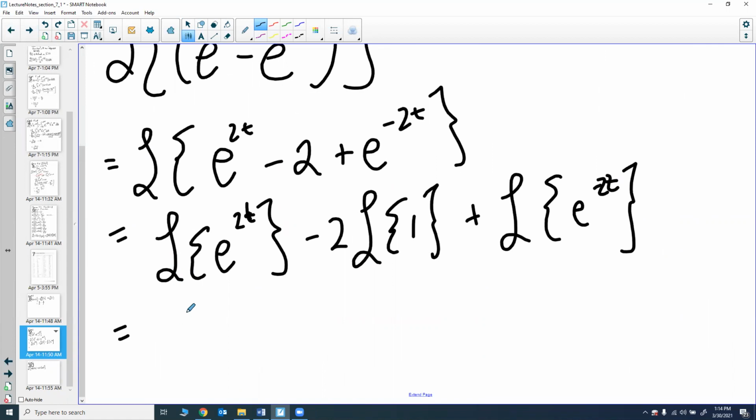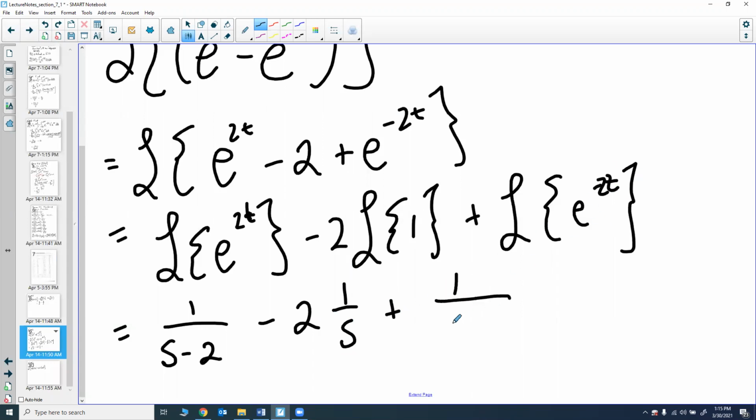So this would be 1 over s minus 2. 1 we already knew was 1 over s, so we have 2 times 1 over s. And e to the minus 2t would be 1 over s minus a, which in this case would be s plus 2. And so there's your Laplace transform of that one.